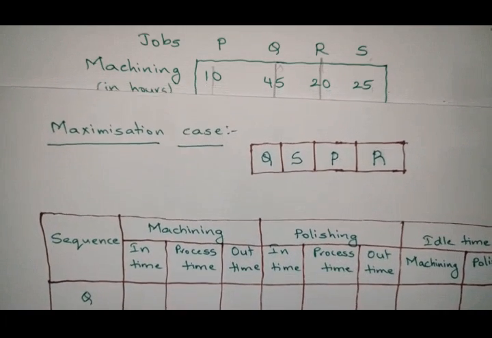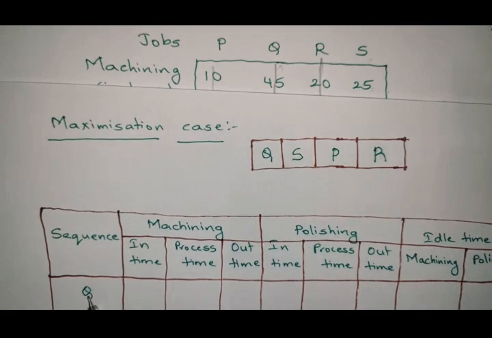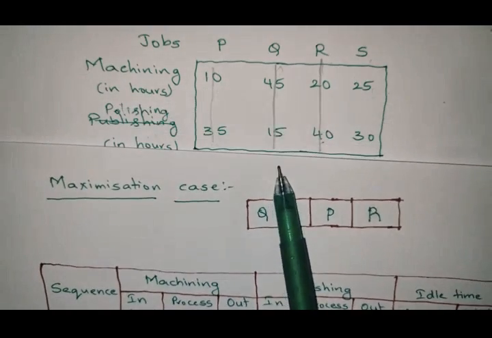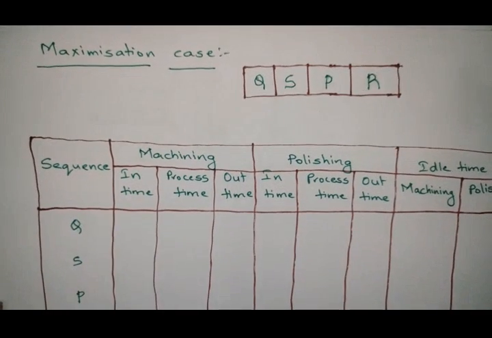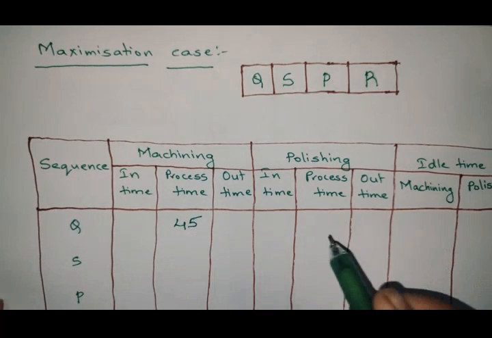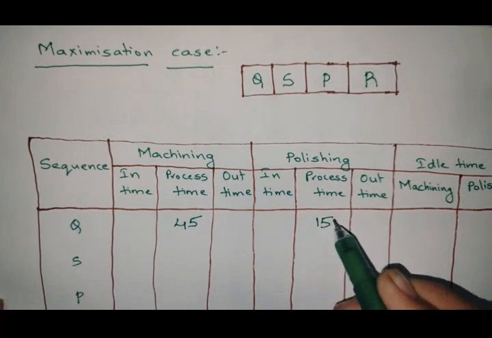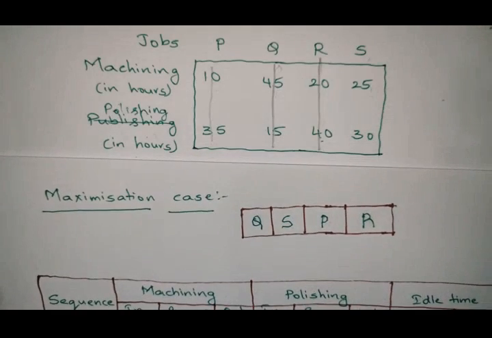So first, corresponding to Q, the process times are 45 and 15. So write them, 45 and 15. And next, the next job is S. The process times for S are 25, 30.